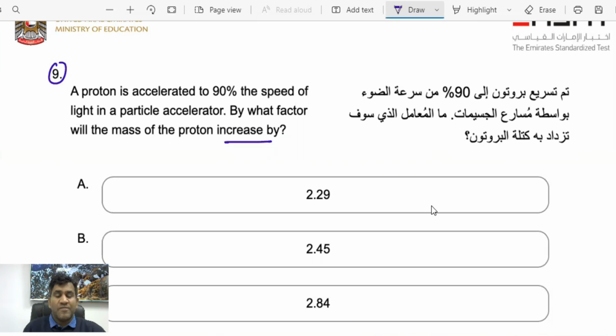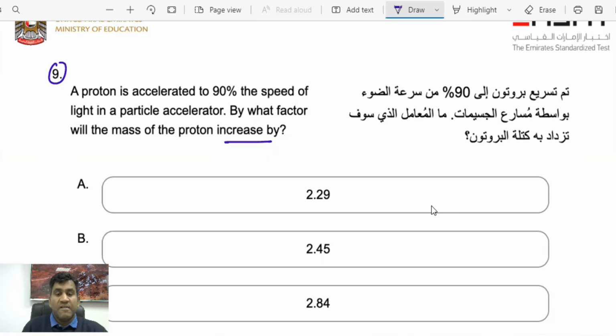So what we can understand from here is that the proton is accelerated with 90% of the speed of light. With this speed, by what factor will the mass of the proton increase? That is what we're going to talk about.